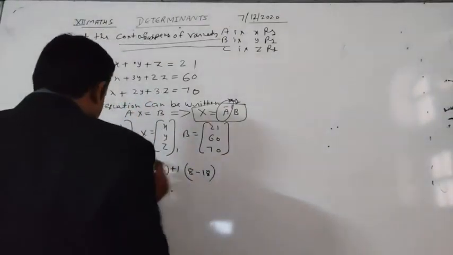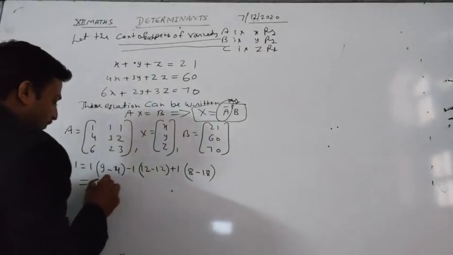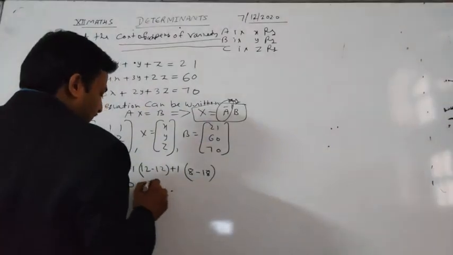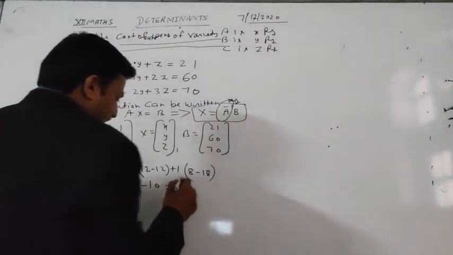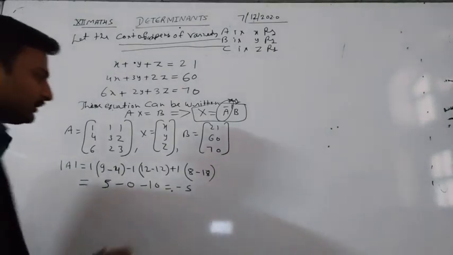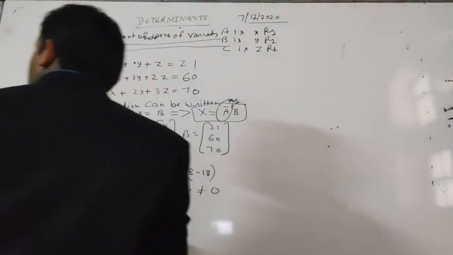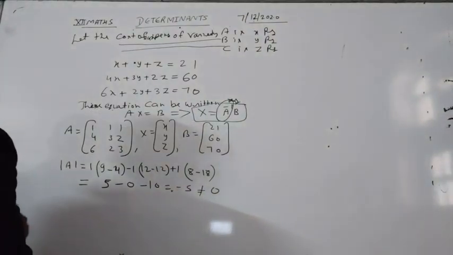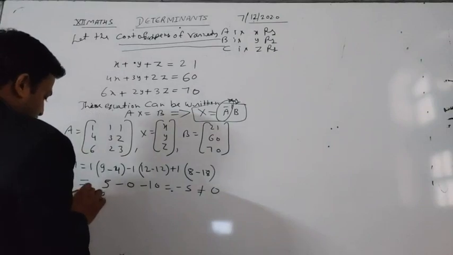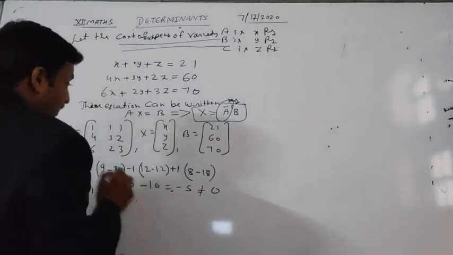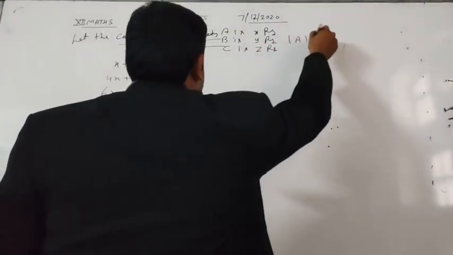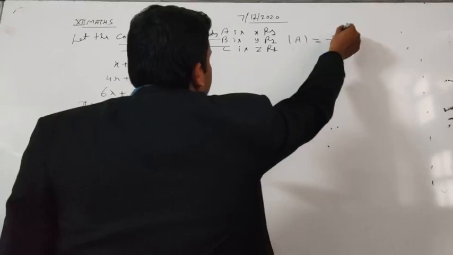So the determinant of A is 5, minus 0, and minus 10. So this is minus 5, and this is not equal to 0. So we can say that A is a non-singular matrix and our A inverse exists. So we can write the determinant of A is minus 5.